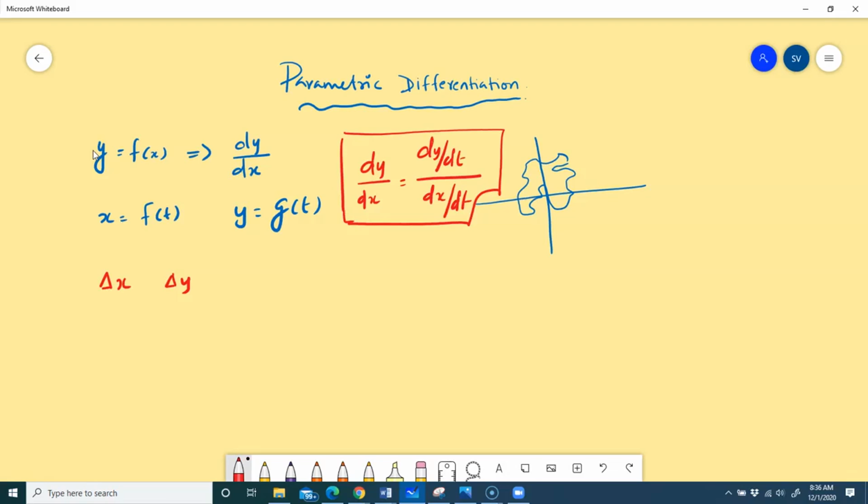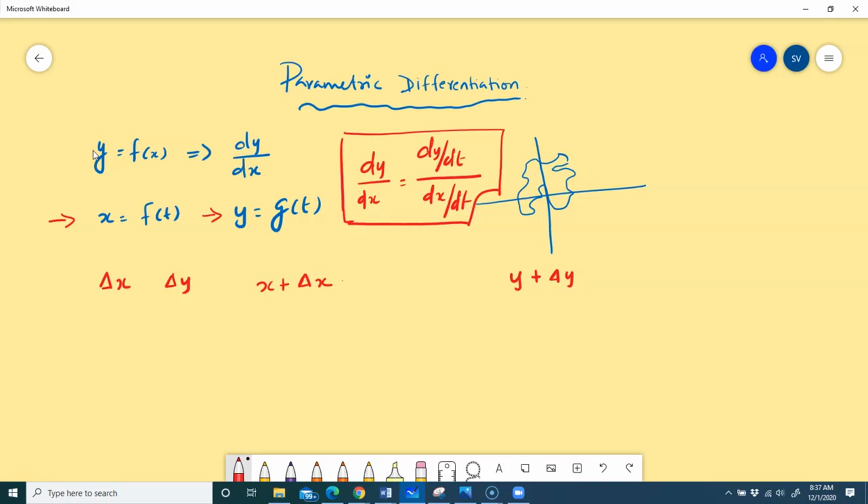So how can we rewrite this x and y by adding this increment? The x function will be x plus delta x, and the y function will be y plus delta y. So what is the change we can make on the other side of the equation?